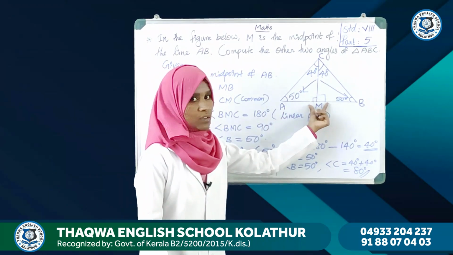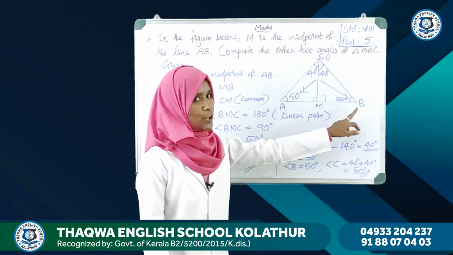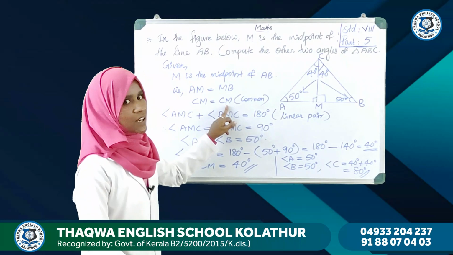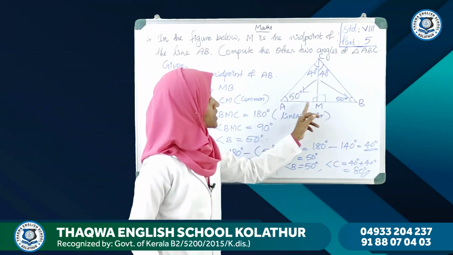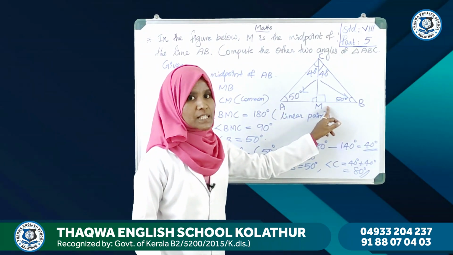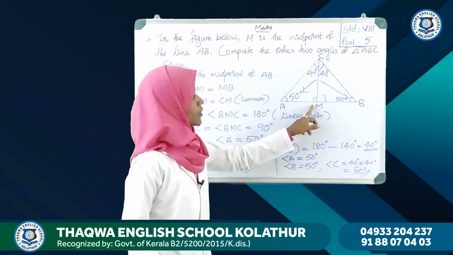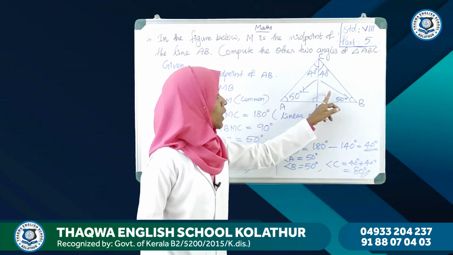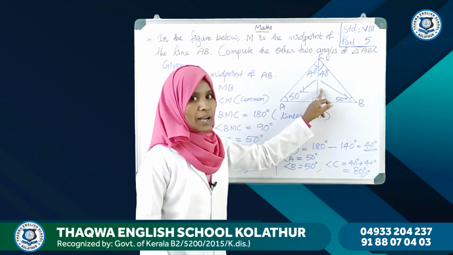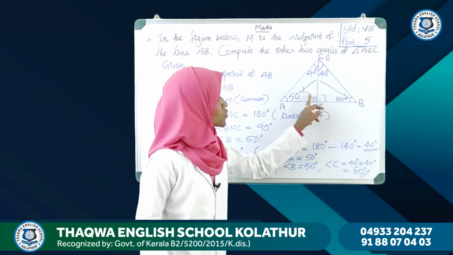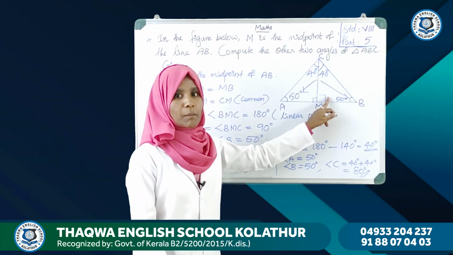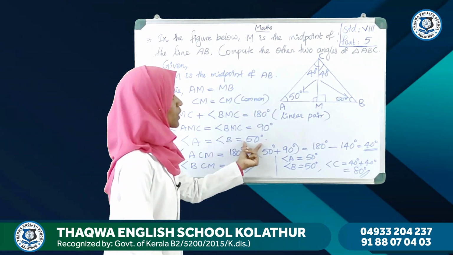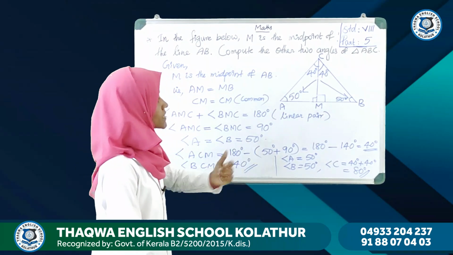What we do? Given M is the midpoint of AB, that is AM equals MB, and CM is the common side of triangle AMC and triangle BMC. Next, here you have given in the question angle AMC is 90 degree. So angle BMC is also 90 degree because these two angles form a linear pair. Then angle A equals angle B equals 50 degree. What is the reason?